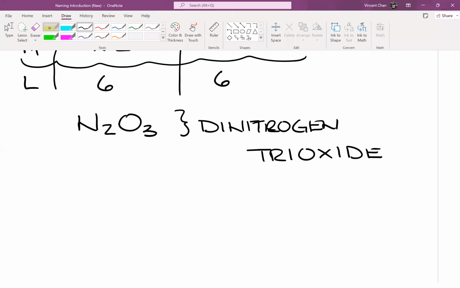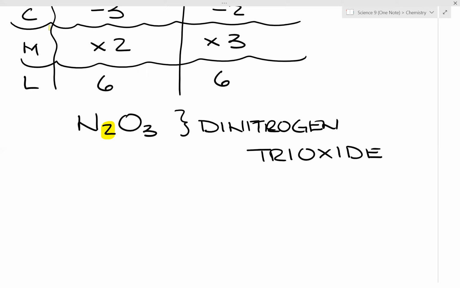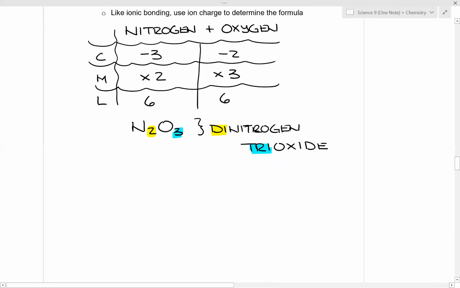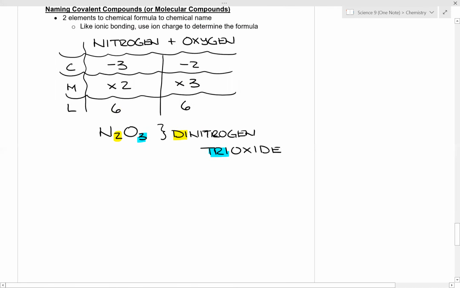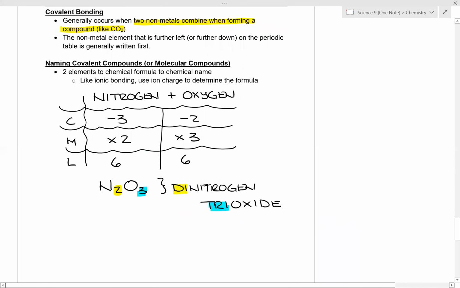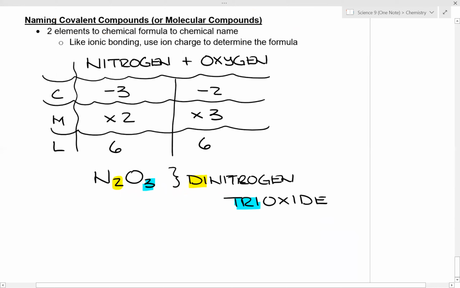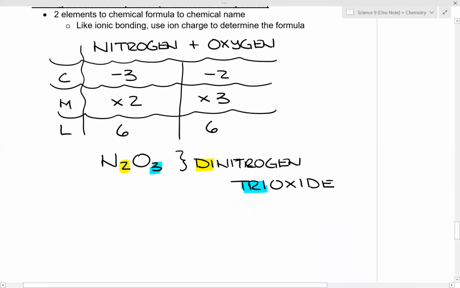Why is it dinitrogen? Because the 2 is the di, and 3 for the oxygen would be tri. So for covalent compounds, or nonmetals, we just use these prefixes, di, tri, and so on.